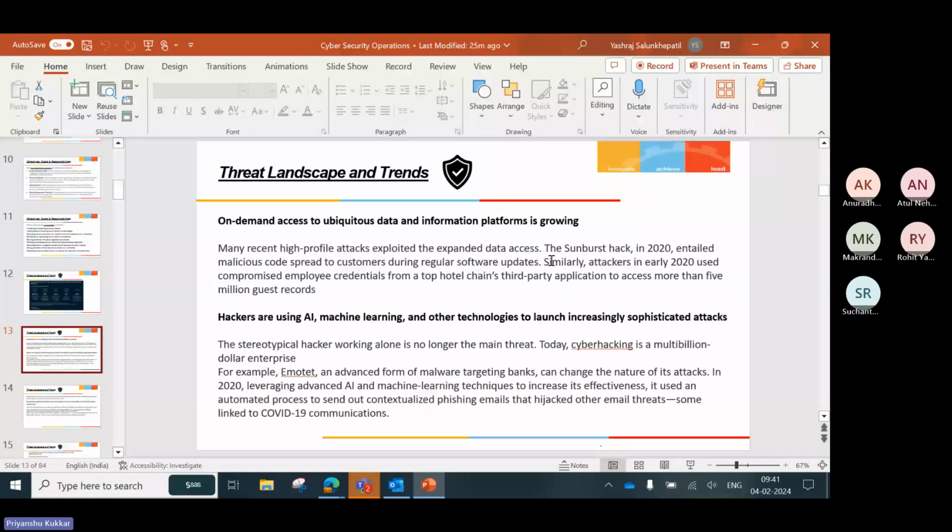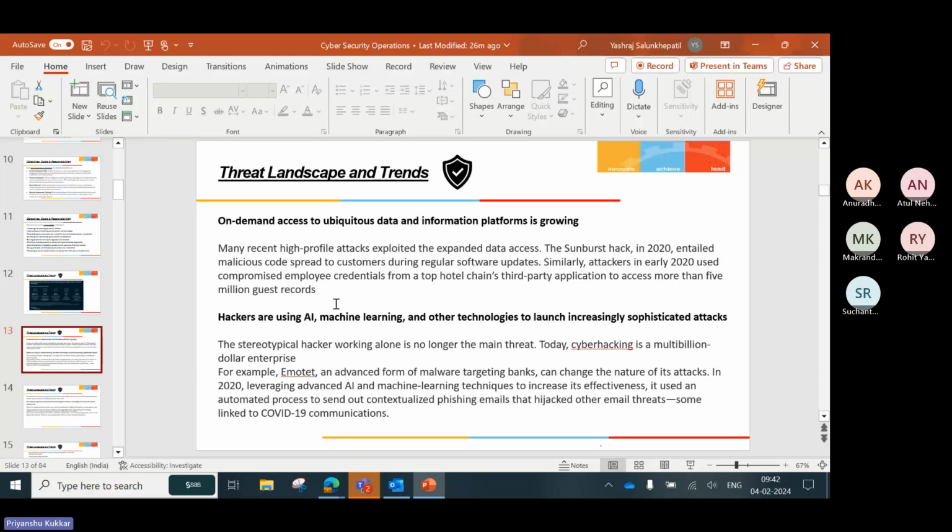Another attack, similarly in 2020, used compromised credentials from a top hotel chain's third-party application to access more than 5 million guest records. So in this attack, what happened? A person physically went to the hotel. He knew that there was an event going on for the company. So this person physically went there, went to the reception, and got the employee credentials, and that was it.